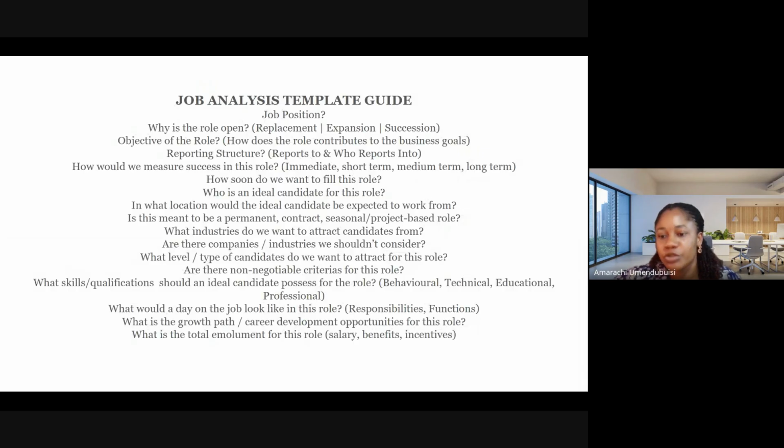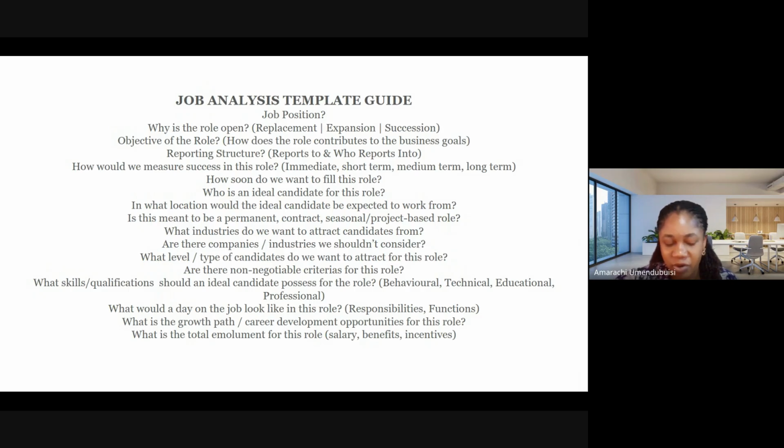Even when you're being told the role is business development, you also need some form of clarity. Let's say, for example, you're working in an organization that has different products, or with an organization that has different subsidiaries, and you're being told we want a business development person. You should also be asking questions.